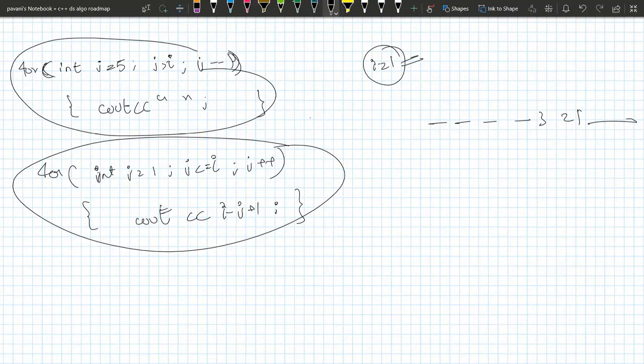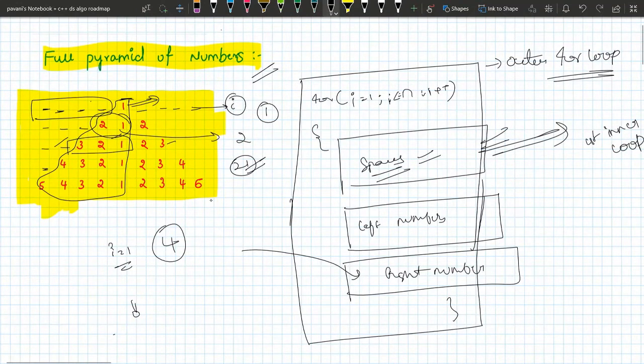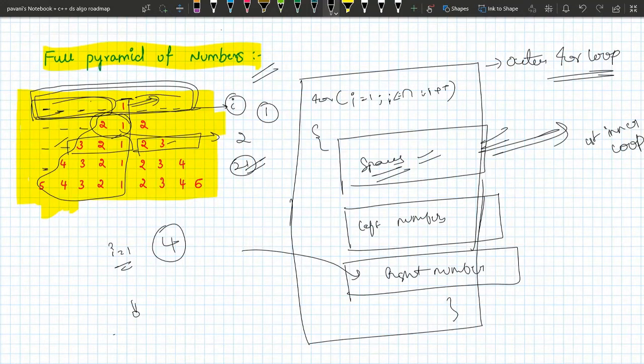Because another set of numbers is there over here. See, why I'm not taking the first row as an example: because there are not a lot of numbers. We don't have right side numbers, we don't have left side numbers. That is why we are taking this, because here we have both the spaces and also numbers.